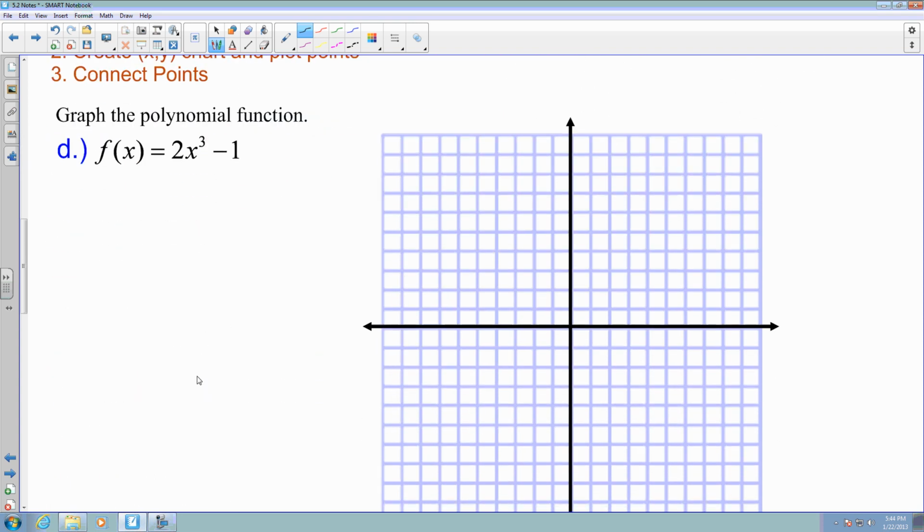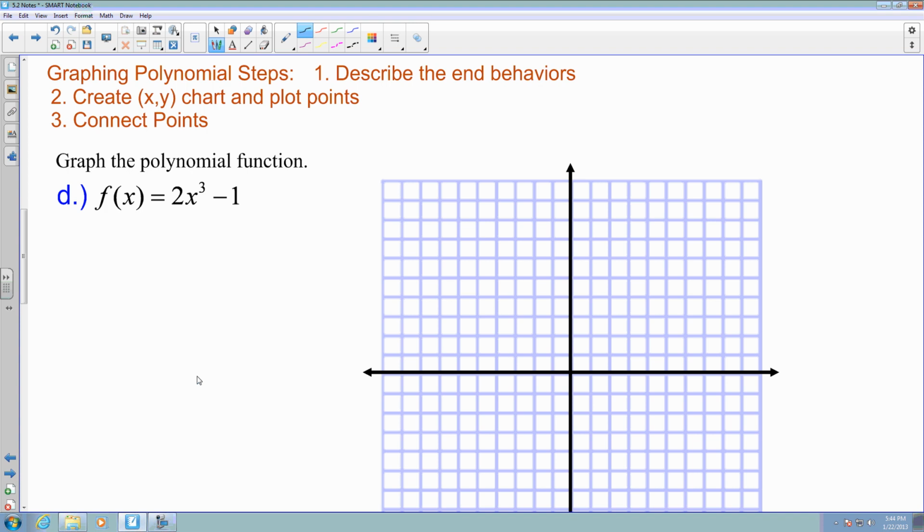Last thing that we want to do is we're going to graph these polynomials. Describing the behavior is important, but many times we can make conclusions about those behaviors by making a t-chart and plotting points.